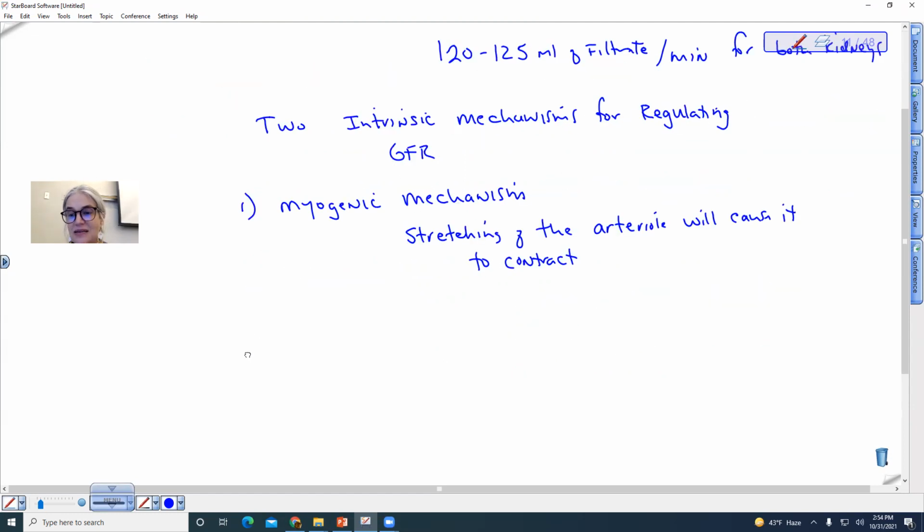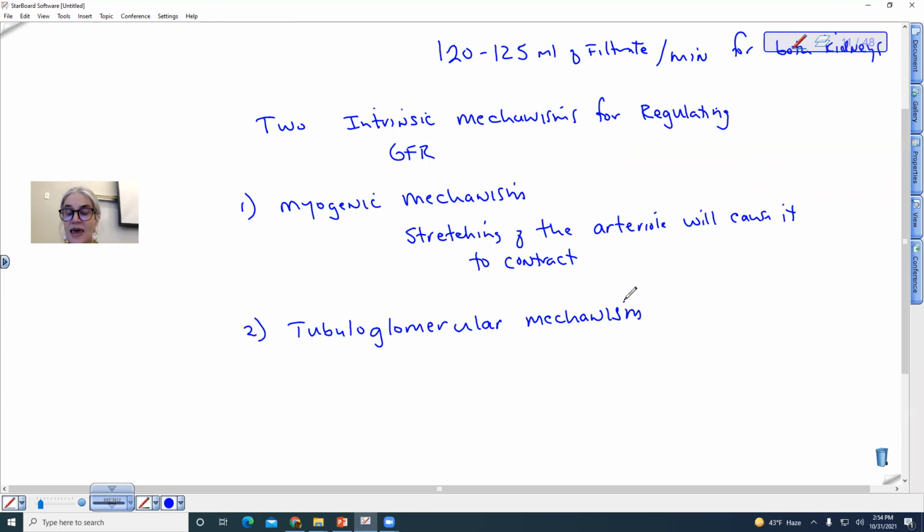The second mechanism is called the tubuloglomerular mechanism. You can break these words down. Tubulo means it's in a part of the tubule, so something about the inside of the tubules is going to go back and affect glomerular filtration.